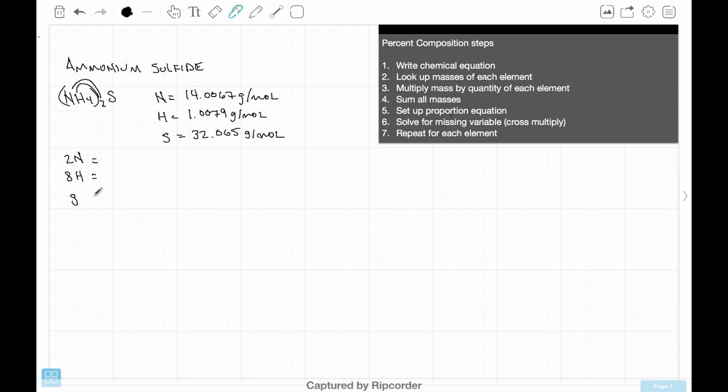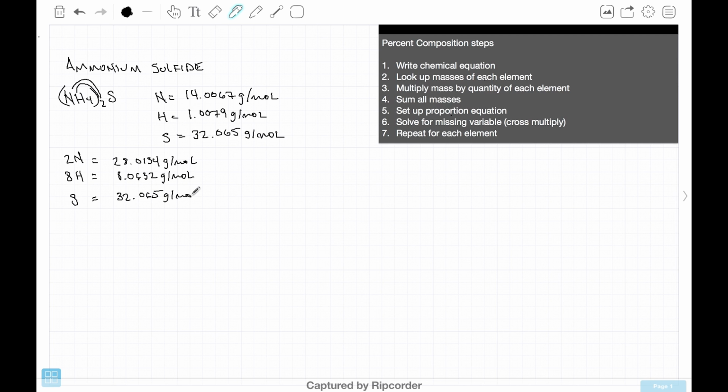So now the new masses would be 28.0134 grams per mole for nitrogen, 8.0632 grams per mole for hydrogen, and for sulfur, it's 32.065 grams per mole.